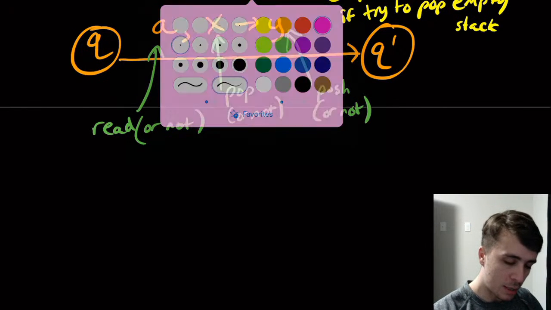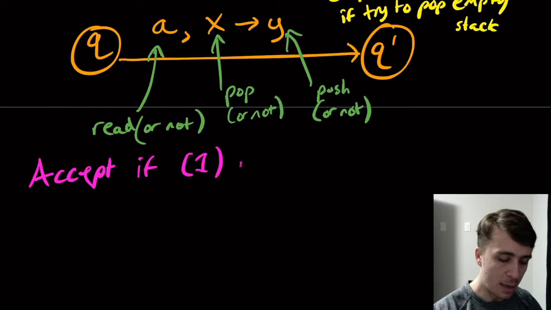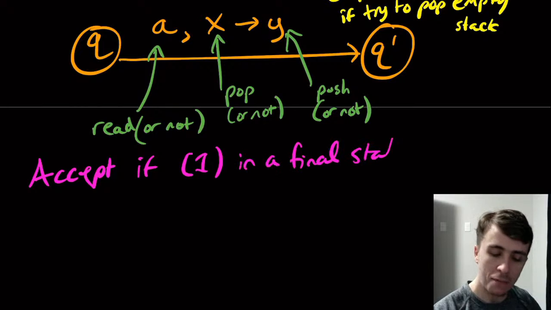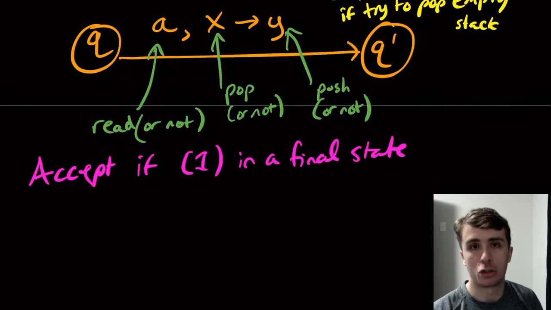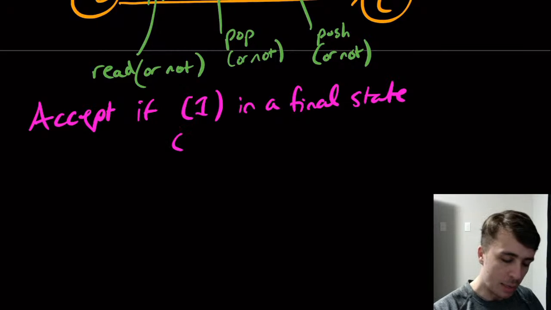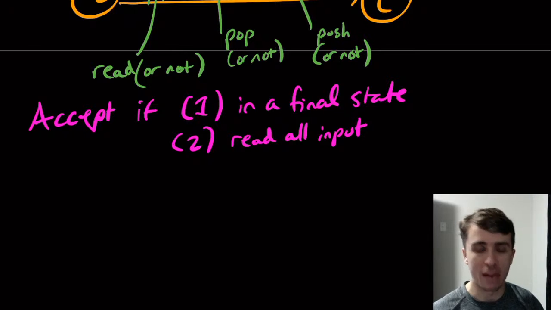So what is the condition on accepting? We accept if we're in a final state. So we still have states and final states and start states and whatnot. The only thing that changes are the transitions. We accept second if we've read all the input. So these first two are exactly the same as with an NFA.